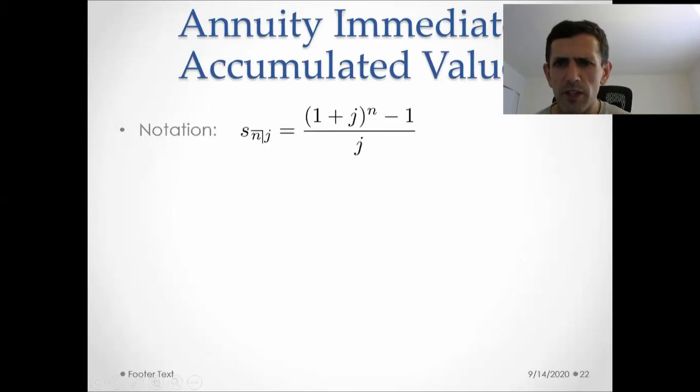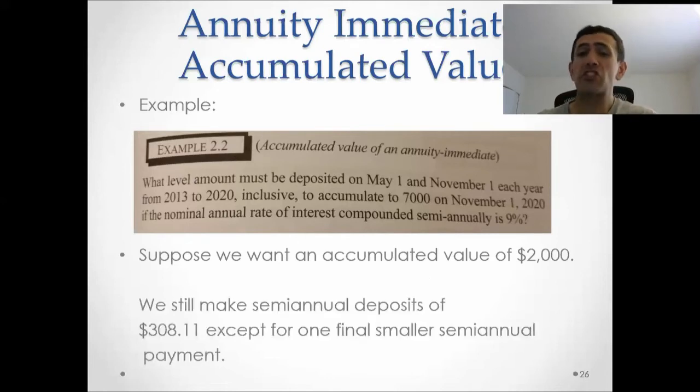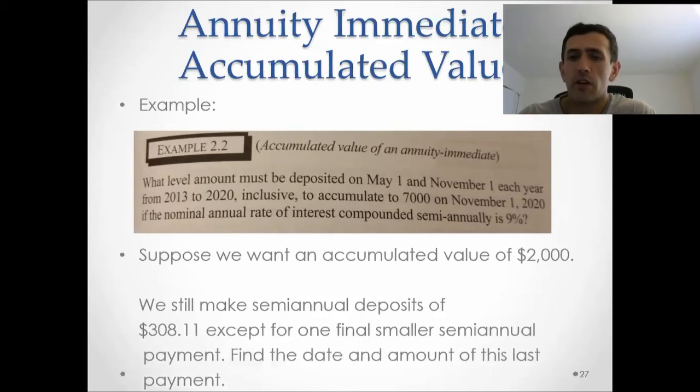All right. So in this example, let's say instead we want an accumulated value of 2,000, and we're still going to make semi-annual deposits of 308.11, which we just found for this problem. And we're going to do this, except to get to 2,000, we're going to make one final smaller semi-annual payment.